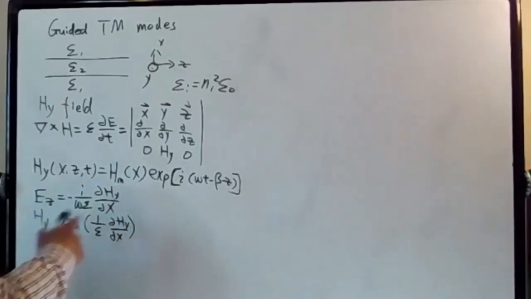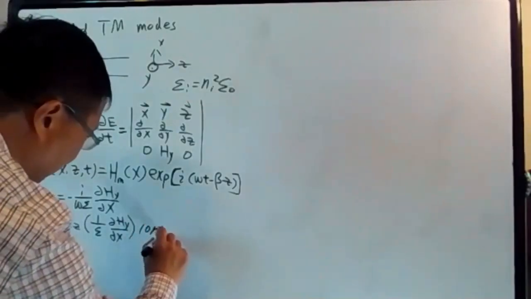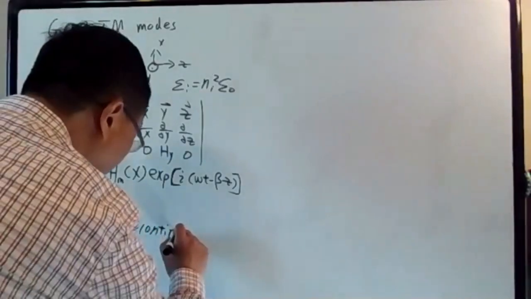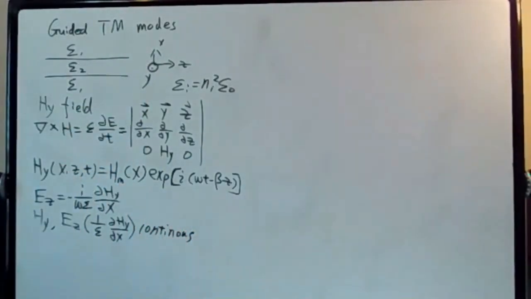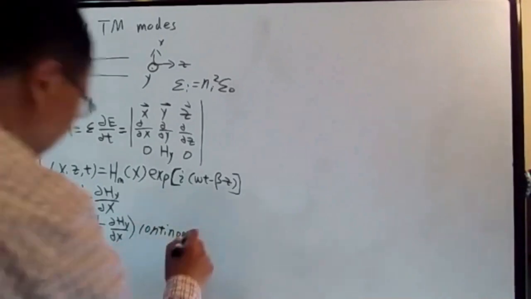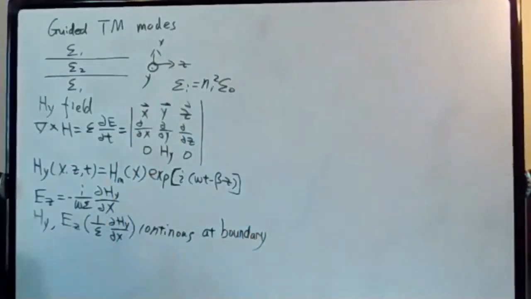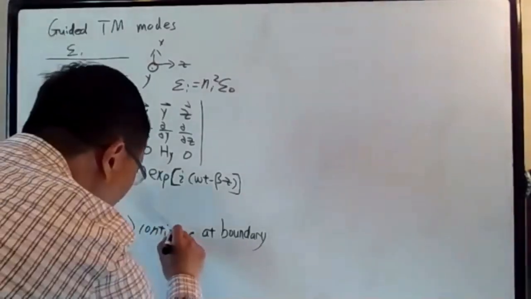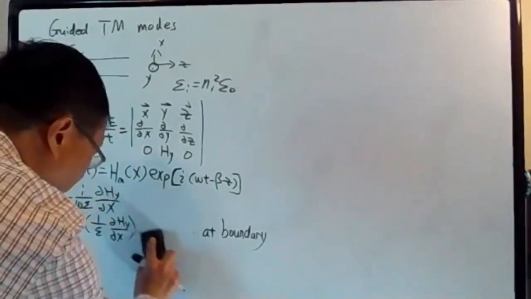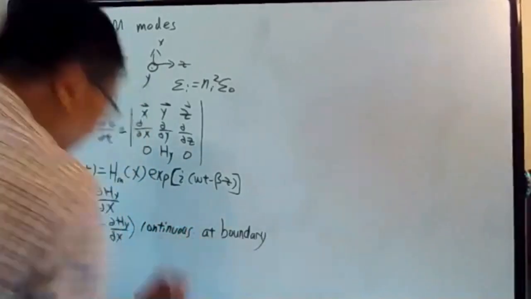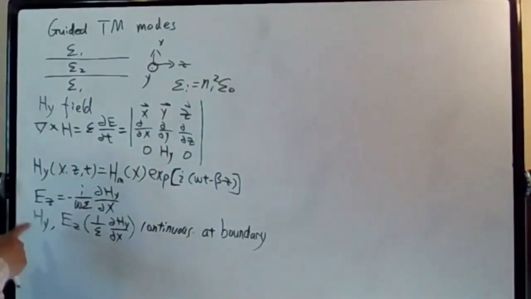So this is continuous. So these two are continuous at the boundary.